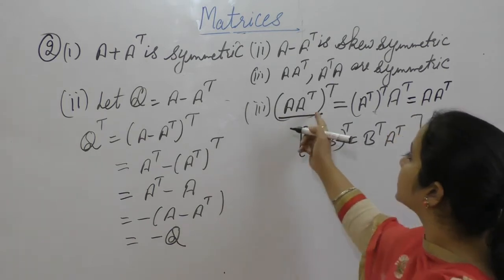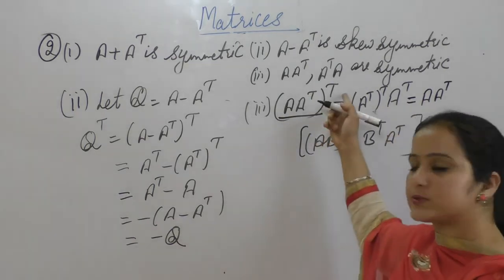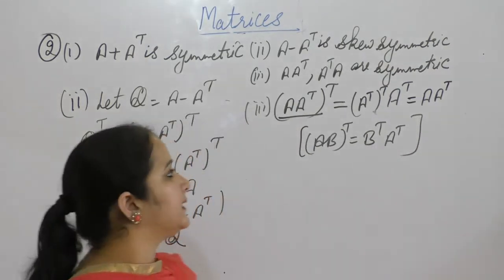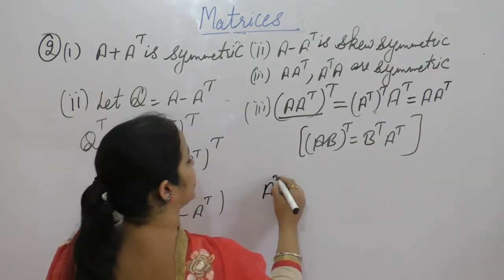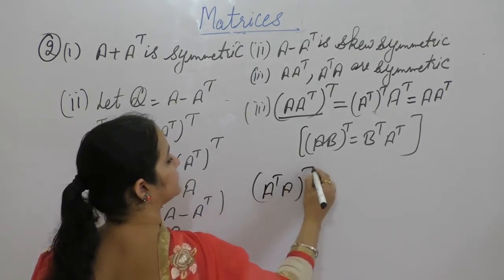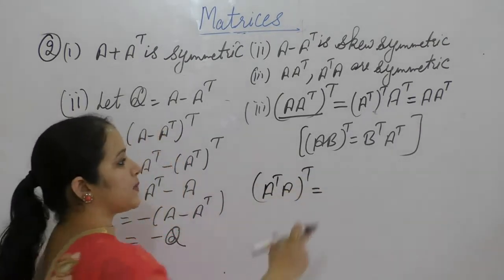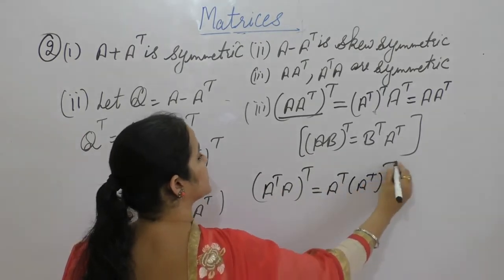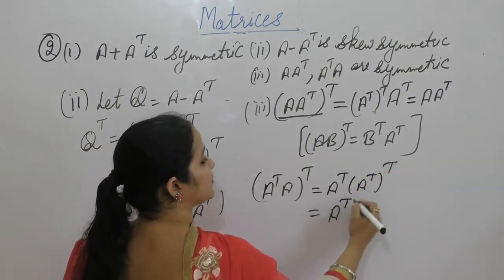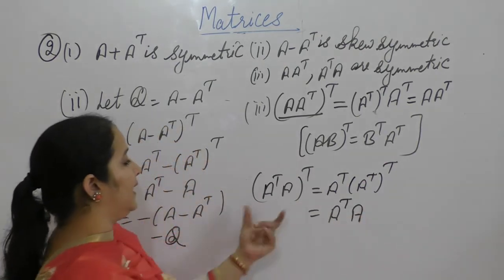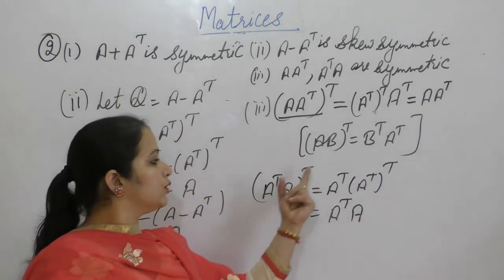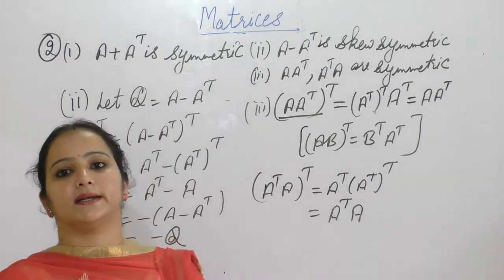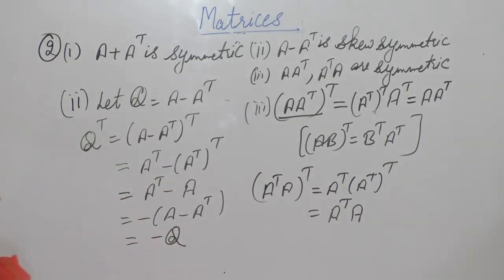Call it P. P transpose is equal to P. Therefore it is a symmetric matrix. Now A transpose A. Again use this property: A transpose transpose is equal to A. Let it be Q. Q transpose is equal to Q. That is, it is a symmetric matrix.